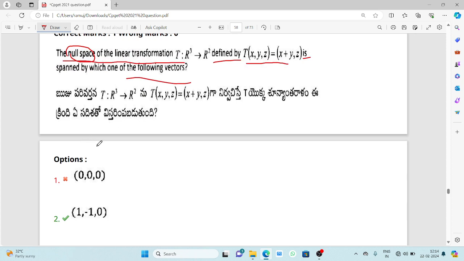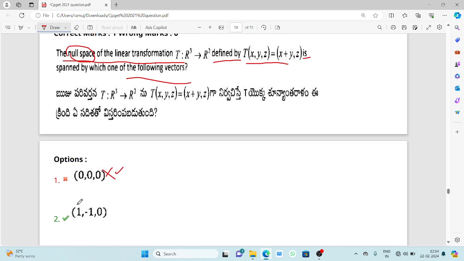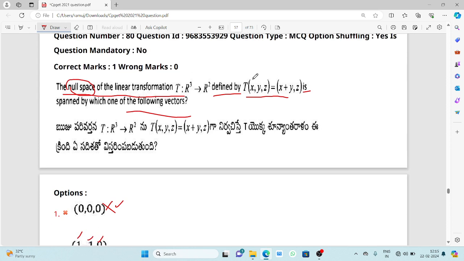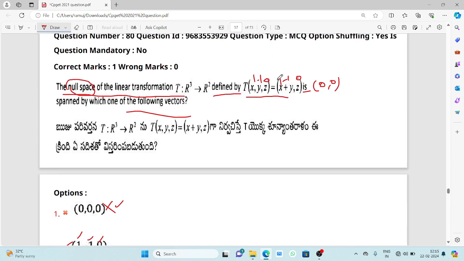So when it is going to 0, the identity will never happen because he is asking non-zero one. So if you substitute x, y, z values from here, you directly get it. Suppose if I put 1 here and minus 1 here and 0 here, it will give you minus 1 and 0. So you will get 0 comma 0. So this is the null space for the given linear transformation.